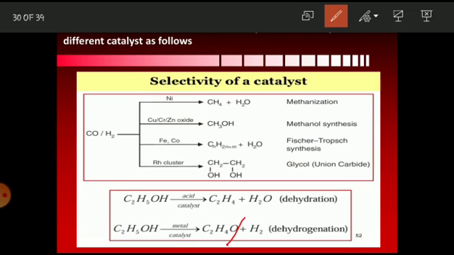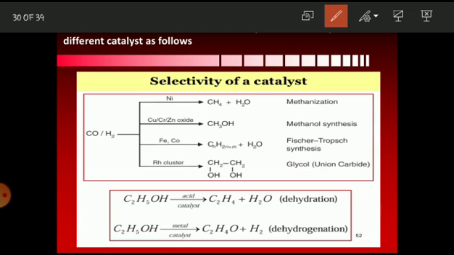So let me give the differences between dehydration and dehydrogenation. What is the difference between them? You focus on the byproduct. On the reactant side, we have C2H5OH, that is ethyl alcohol.